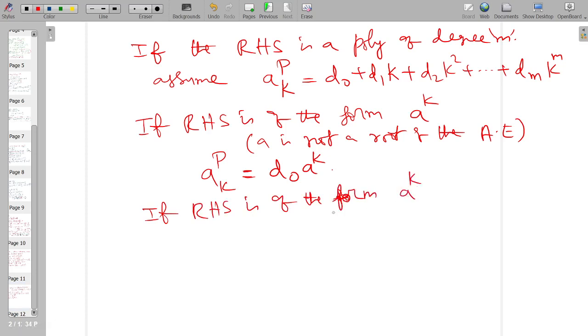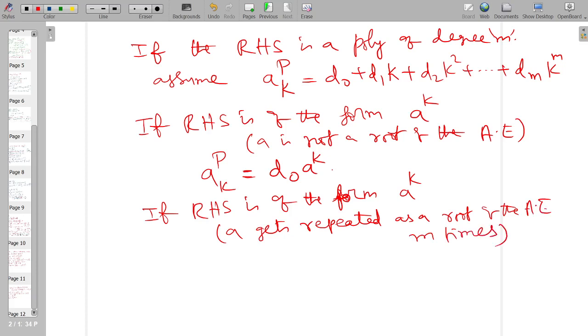If the RHS is of the form a power k, and a is repeated as a root of the auxiliary equation m times, then a k p would be d naught k power m into a power k.